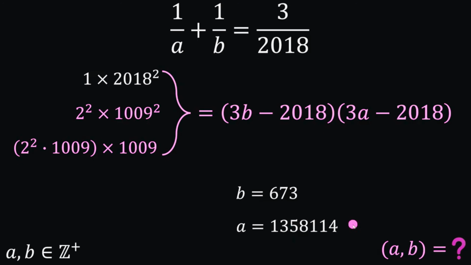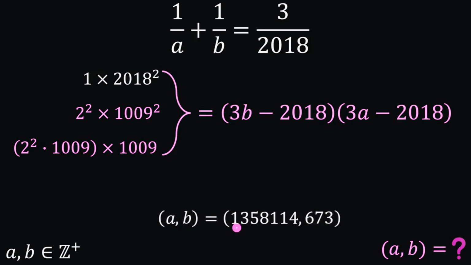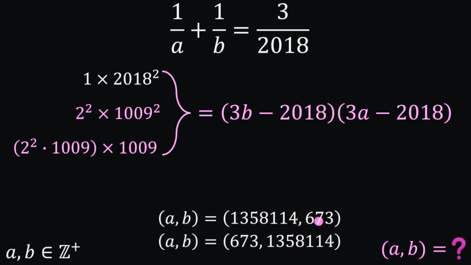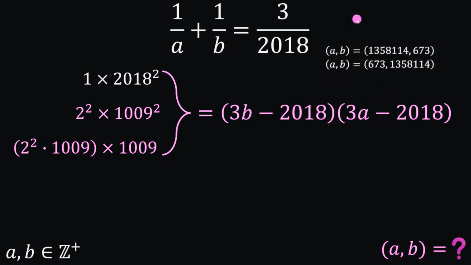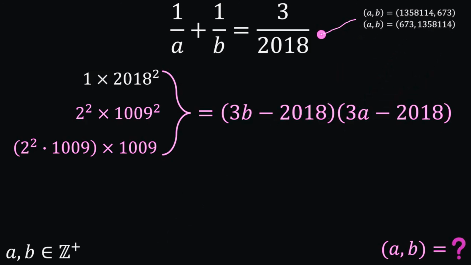So we found one pair of a, b, which is 1,358,114 and 673. Of course, if we switch the position of a and b, we also get another pair. So we found now 2 pairs of a, b that satisfy this equation. You can check that, technically speaking, those numbers satisfy this equation.